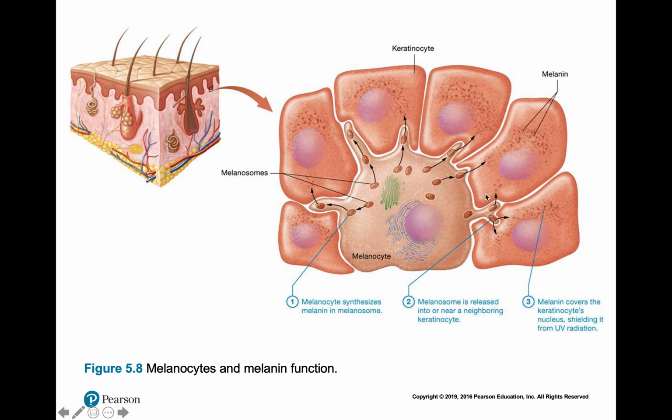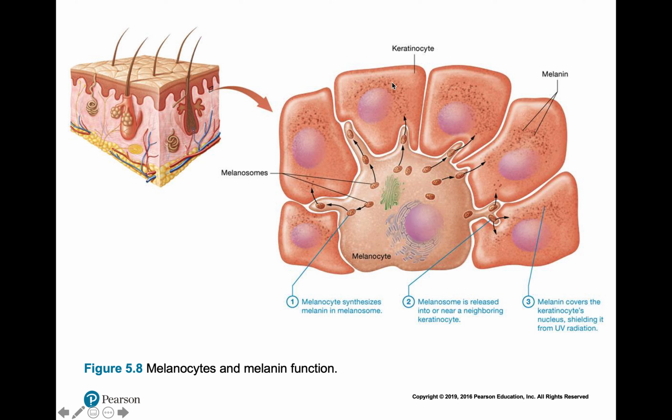Once the melanin is present in the keratinocytes, it's kind of cool. The melanin will actually surround the nucleus. The melanin gets positioned around the nucleus and on the side of the nucleus that would be most exposed to UV radiation. So this would be the apical surface. The sun would be up here, so the melanin is going to be on that side of the nucleus, shielding the DNA in the keratinocyte like an umbrella.